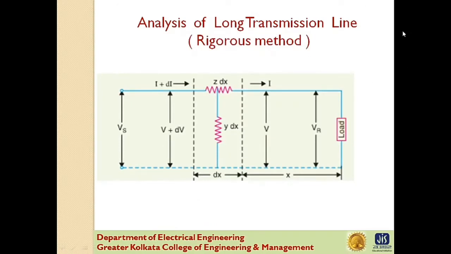Next figure shows one phase and neutral connection of a three-phase line with impedance and shunt admittance of the line uniformly distributed.